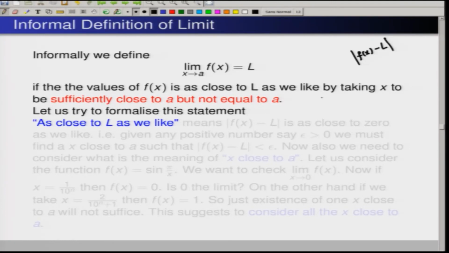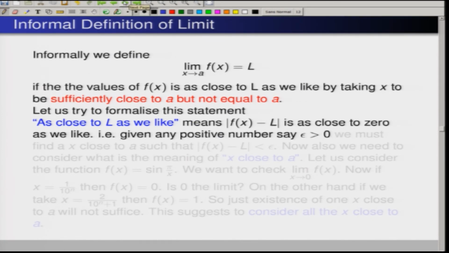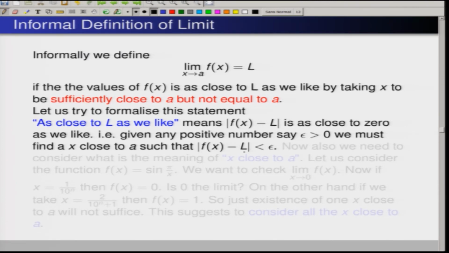As I want f of x to be as close to L as I want, that means f of x minus L has to be very small. Whatever small number you give me, let us call that epsilon. Give me an epsilon, and I can find x such that the modulus of f of x minus L is less than epsilon. That means f of x is very close to L, as close as I want.